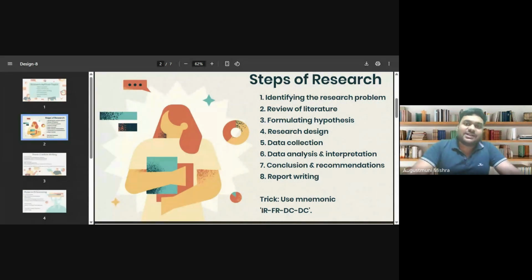But in unstructured, you provide a kind of flexibility, meaning you ask questions according to their answers. In structured, you tell them the questions you are going to ask. But in unstructured, you prepare your questions on the basis of their answers, because sometimes your respondent will not give answers if they are not comfortable with you.